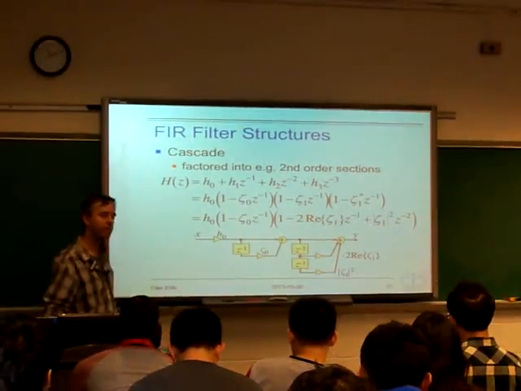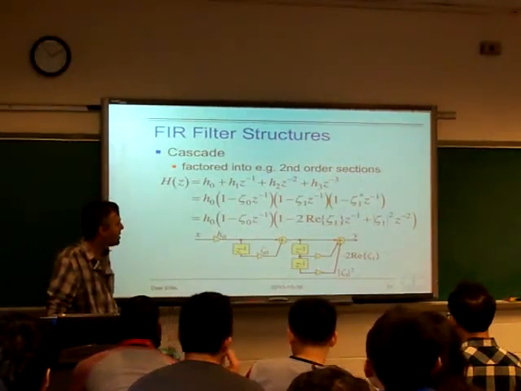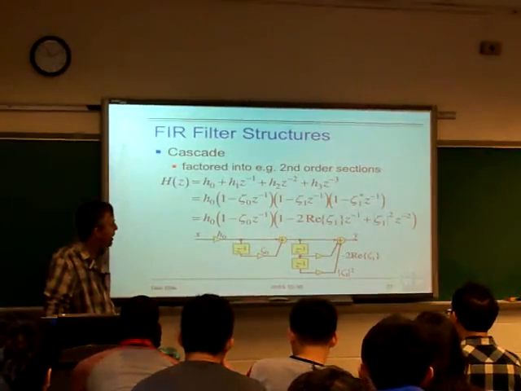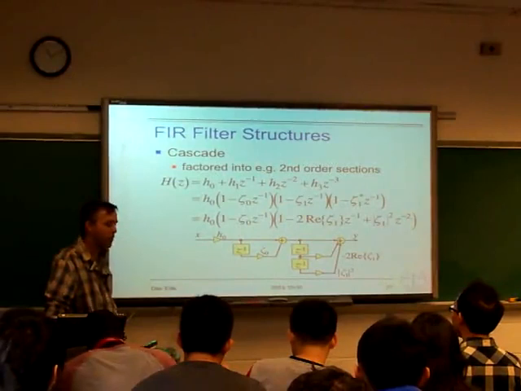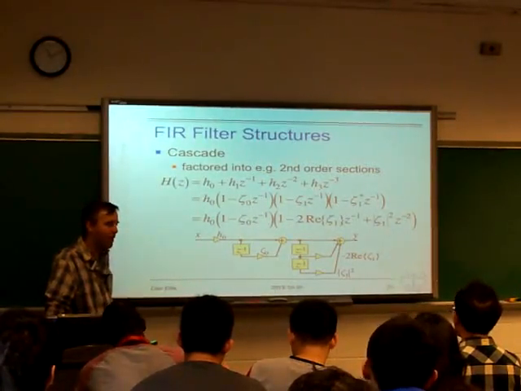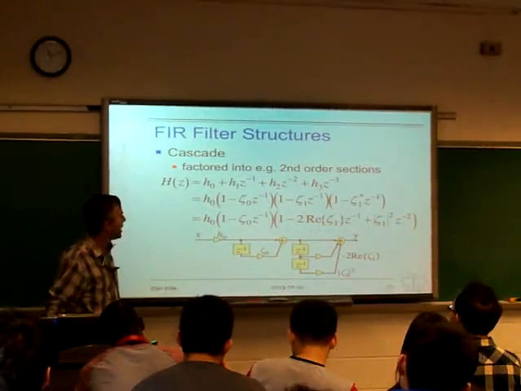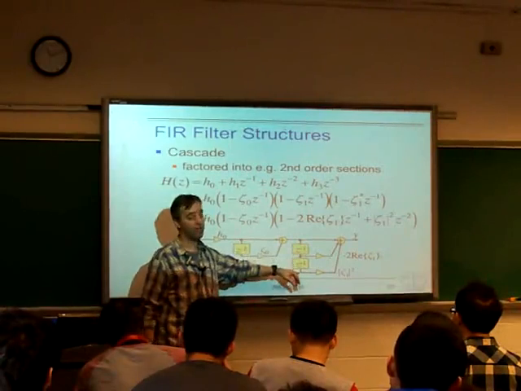How is this better than the simple 3-tap? It's not better, but it's different, and there may be reasons why you want it to be different. So, for instance, it might be you actually want to be able to vary this root without varying these ones.